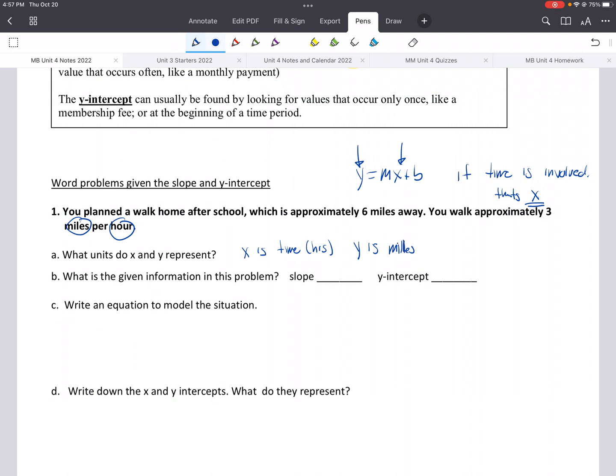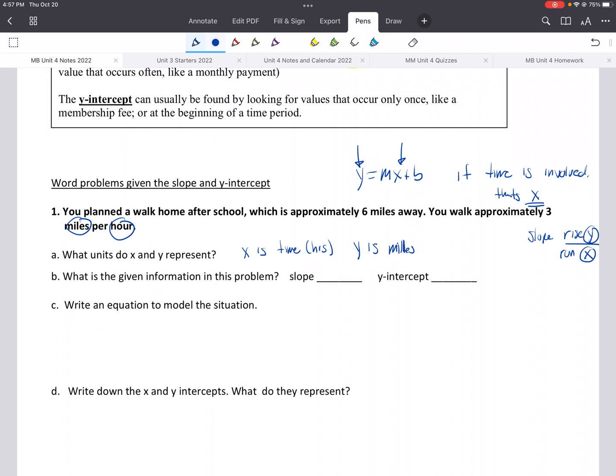Usually too, if we're talking about slope, we said slope is rise, which is your y, so your change in y. And then our denominator is always our run, which is our x.